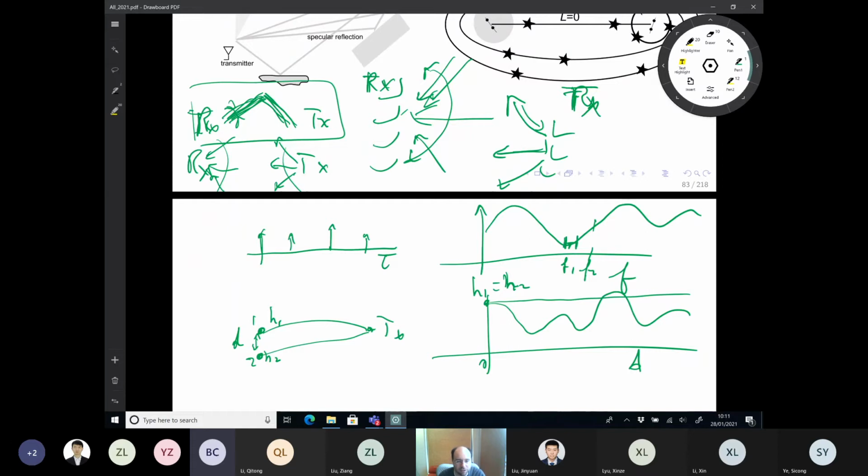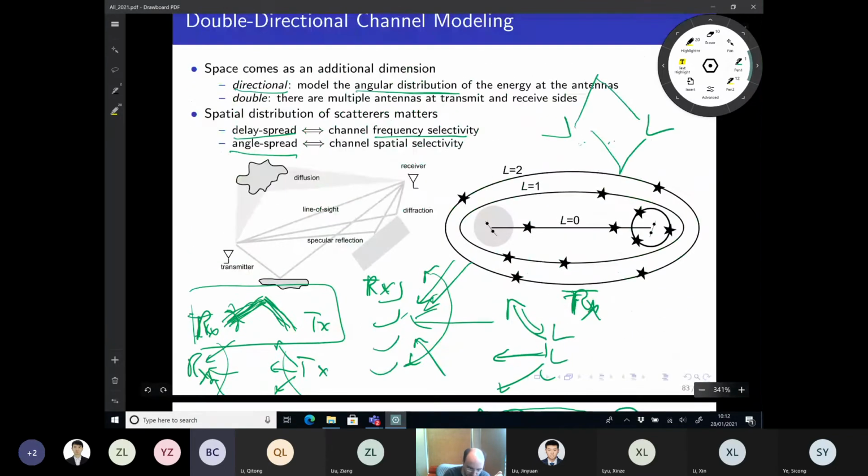Similar to the frequency selectivity, if you have a delay spread where all the paths are very near to each other, you're going to have something much flatter over the frequency domain. If you have much higher delay spread, you're going to have a much smaller coherence bandwidth and so much more frequency selectivity. So you see the analogy: delay spread plays on the frequency selectivity, angle spread plays on the spatial selectivity.